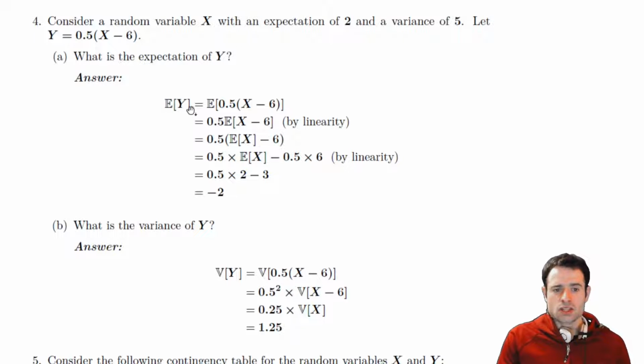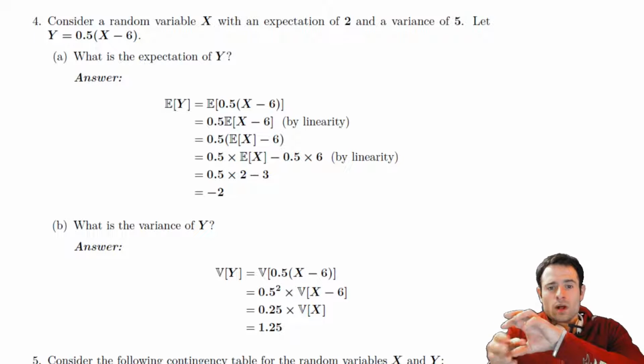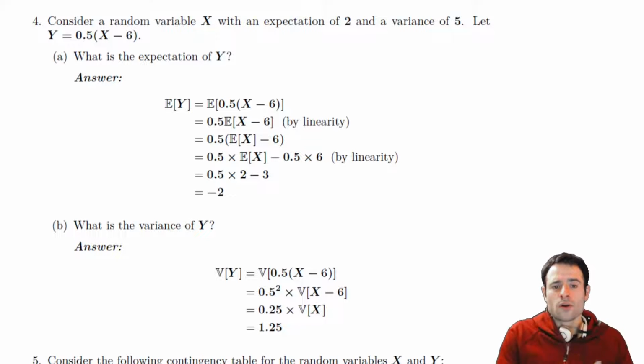This is the expectation of the transformation. I just copy paste. Now, by linearity, I can take this 0.5 out because everything will be multiplied by 0.5. So I might as well factorize and put 0.5 in front. And I am left with 0.5 times the expectation of x minus 6.